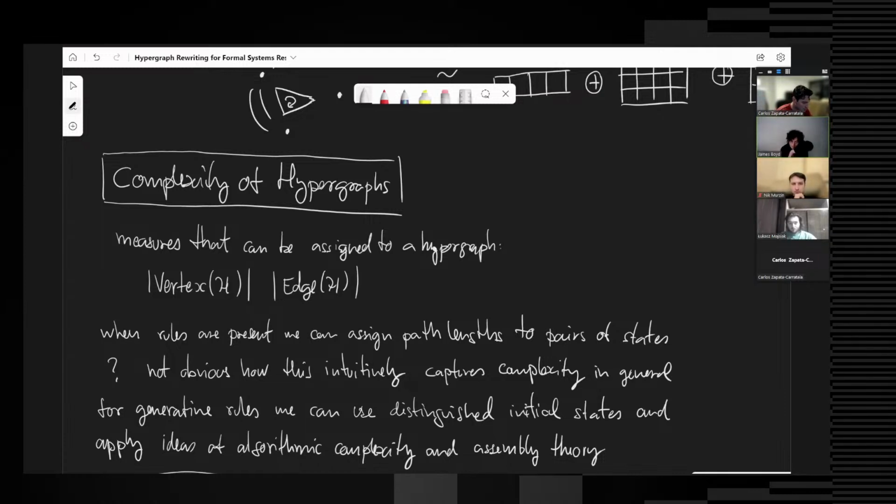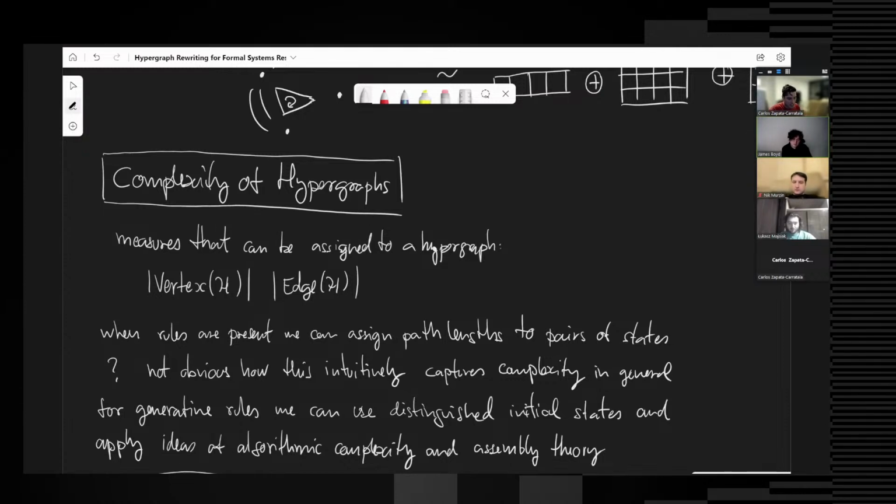But first of all, just thinking of hypergraphs, you have some direct measures that you can take out of a hypergraph. So this is the cardinality of the vertex set. This is the graded cardinalities of the hyperedges. You can maybe go by edge order, and then you can say the same cardinality applies to each order, and you have a grading. It's quite natural. So this is the analog of something like string length, right?